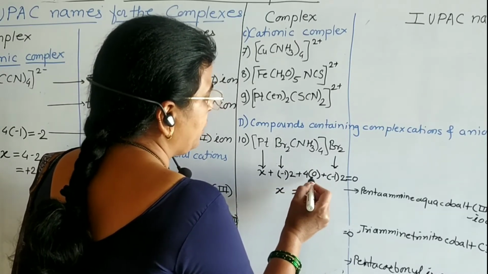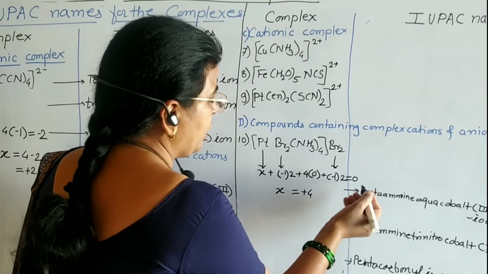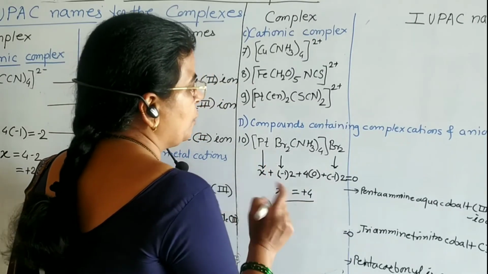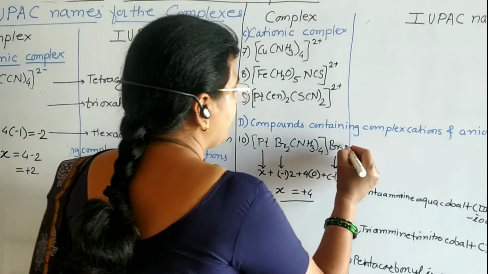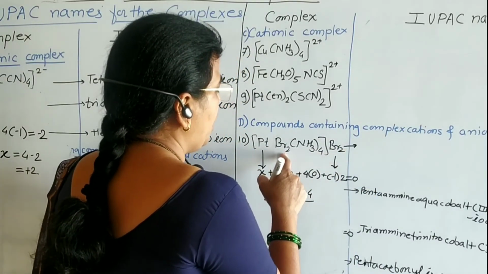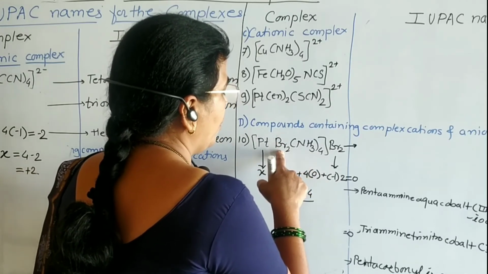That is, it becomes 0, -2, -2, -4. When it goes on that side it becomes plus 4. Therefore oxidation state of platinum is plus 4. Now we are going to write the name of this compound. Now here there are 4 amine groups and 2 bromo groups.